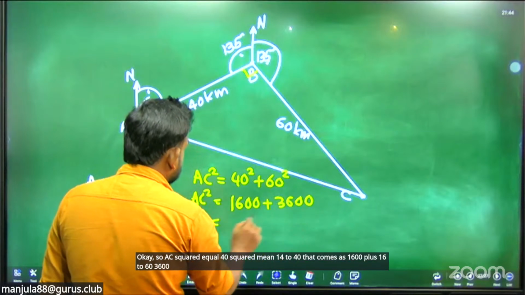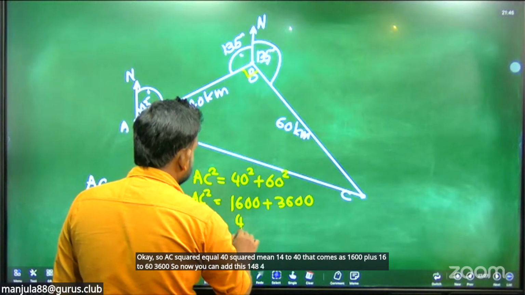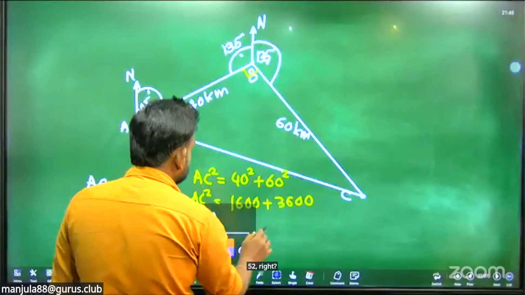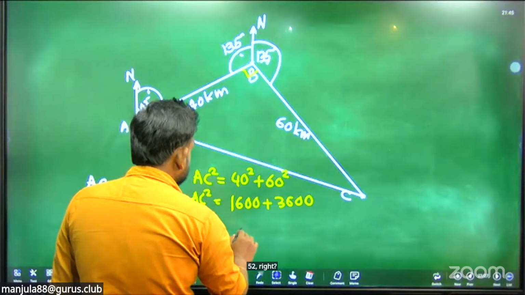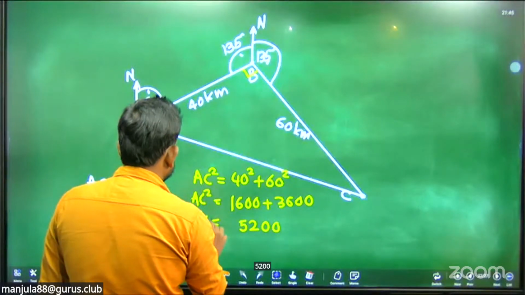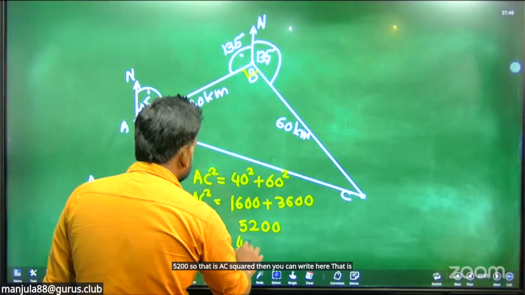So now you can add this one: 5200. So that is AC squared. Then you can write that as 400 into 13.